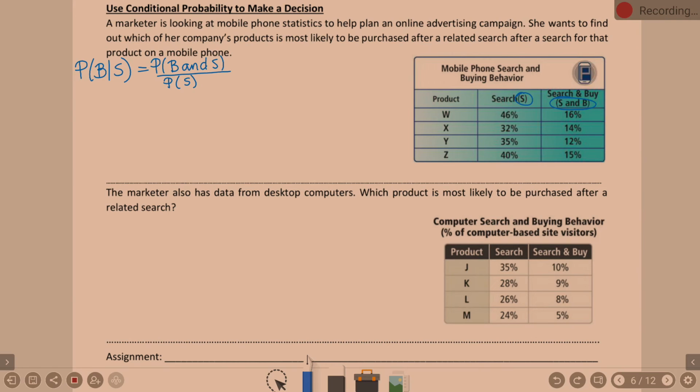I was on W. What are we going to divide for W? You're going to do 0.16 over 0.4. Take the percents, turn them into decimals. Those are our probabilities. Grab the calculator, divide it, and we are going to take that decimal and turn it into a percent to one decimal place.